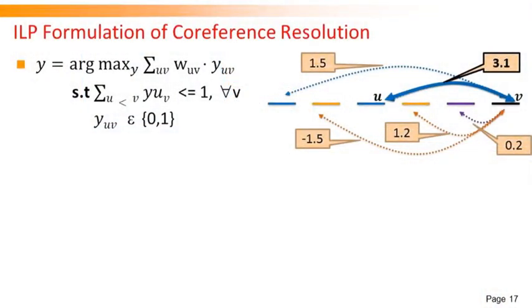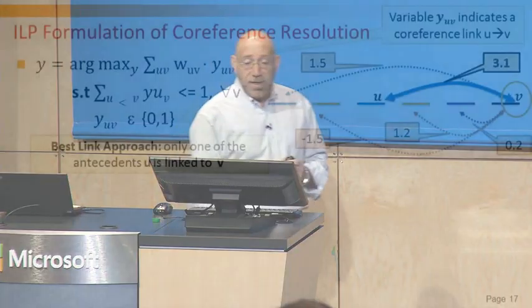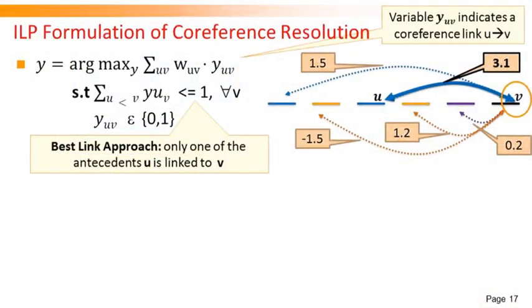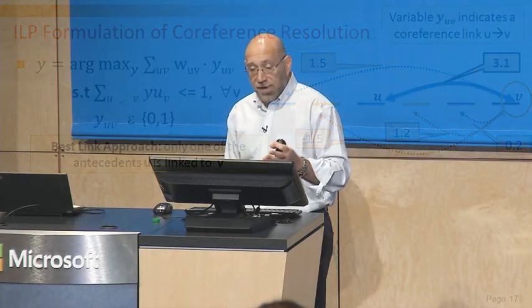Of course, it requires an inference framework that can make use of this knowledge, and I'm going to use the same kind of unified formulation that I introduced before as a way to do this. So the standard way today, or at least one of the standard ways to solve coreference resolution, is to use this ILP formulation, where you sit on one of the mentions, V, on your right over there, and you think about which of the antecedents should be linked to V, and you formulate it with this collection of objective function and constraints.